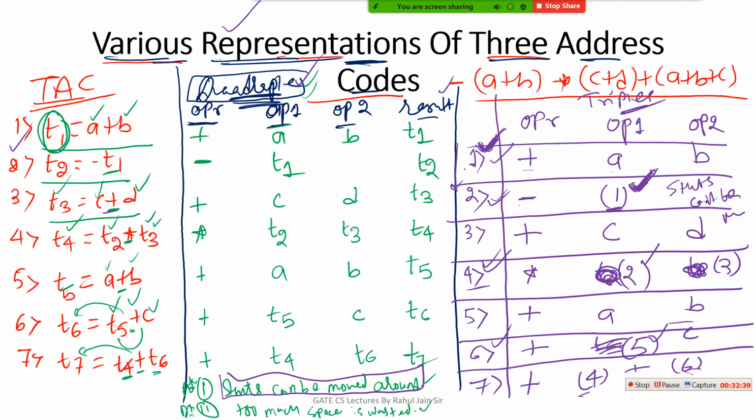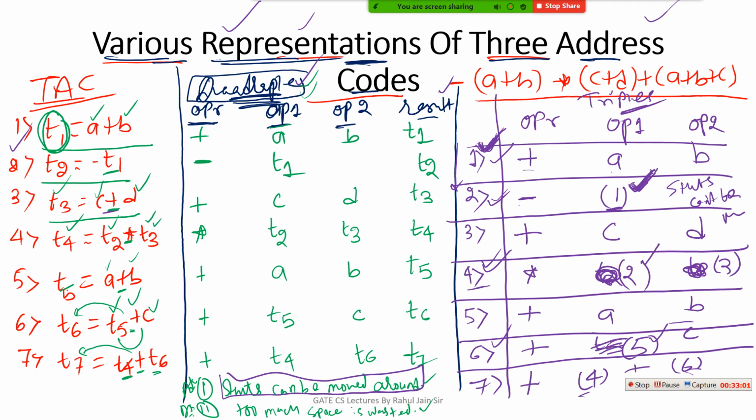I need to do it sequentially. If I change the sequence, it means I can't move the statements here. That is the disadvantage of it. But the advantage is that space is reduced, space is not wasted. So guys, this is the triple form of representation in TAC, that is, 3 address code.